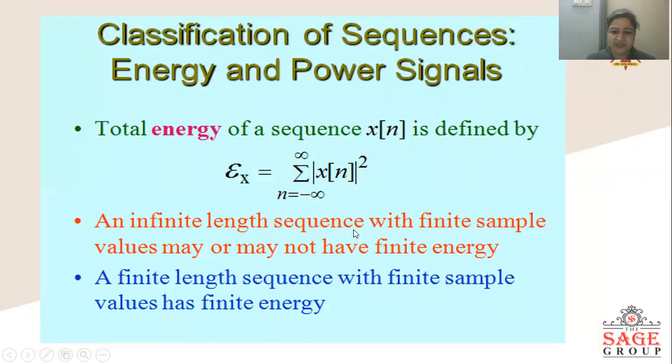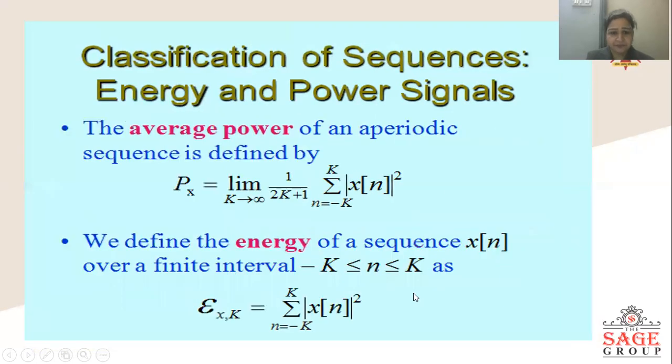Now, the next classification is the energy and the power signal. The energy of any sequence is represented by the summation n equal to minus infinity to plus infinity of the square of the magnitude of x[n]. Any infinite length sequence with finite sample values may or may not have a finite energy. But a finite length sequence with finite sample values always has finite energy.